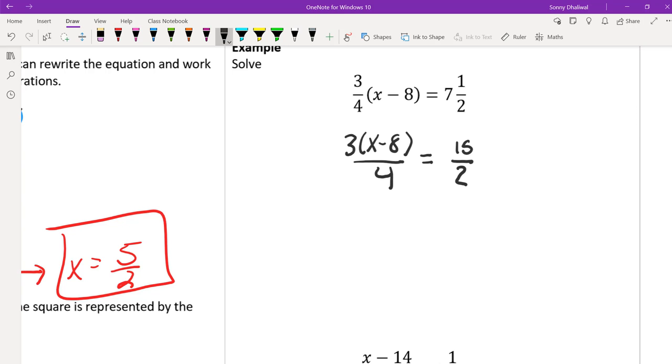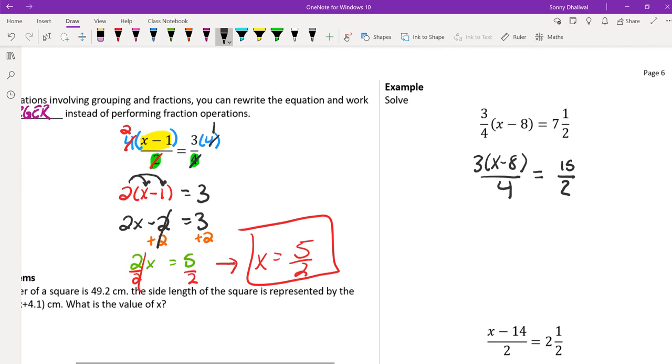Okay. So now we do the same approach we did over there. We really don't want to be working with fractions, so we multiply by our common denominator. What would that be in this case? 4. Okay, so we multiply by 4 here to everything over there. We multiply by 4 here.